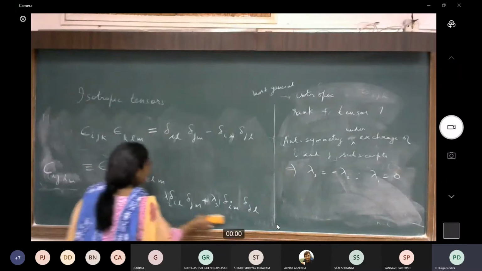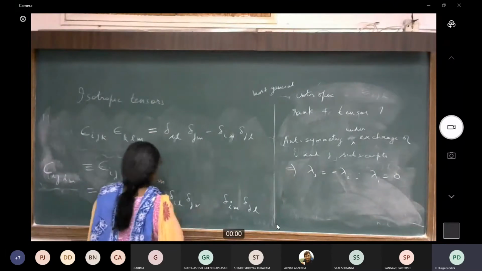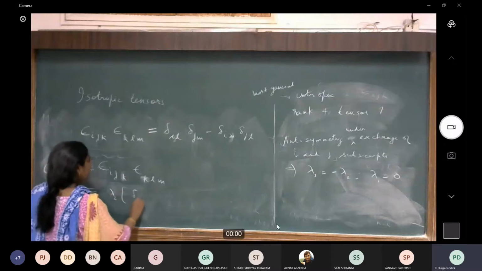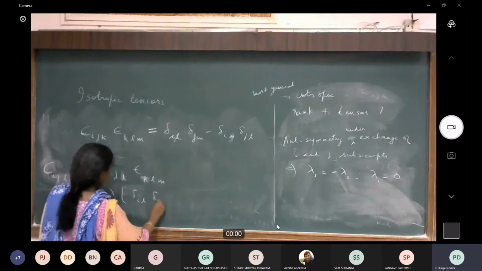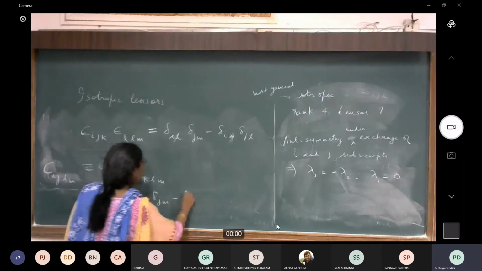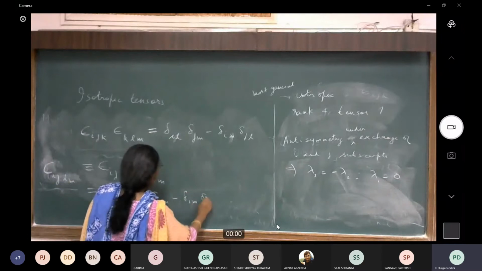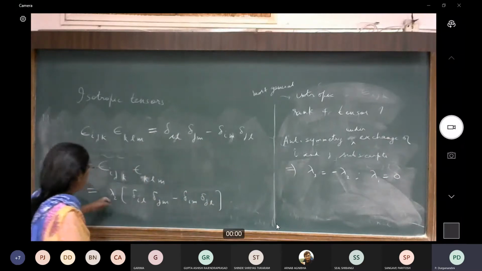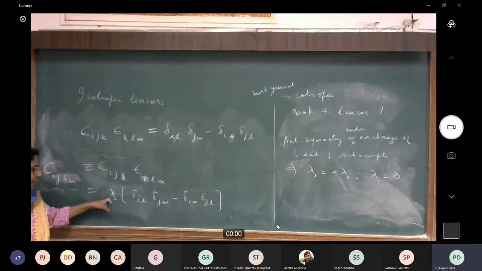simply this, and I can simply write this as lambda. So I'll write this as now lambda 2 times delta il delta jm minus delta im delta jl. Actually, now I've just reduced to finding out one number, lambda 2. Okay.